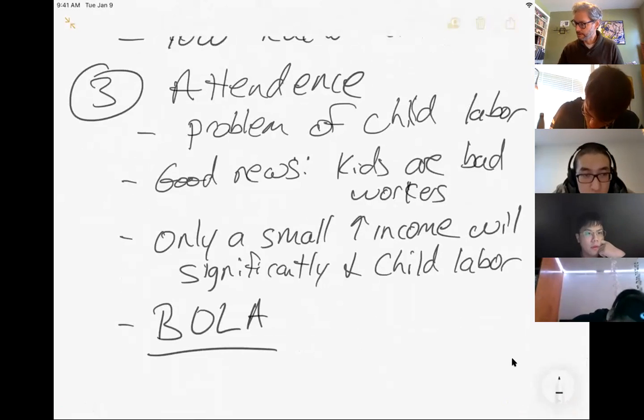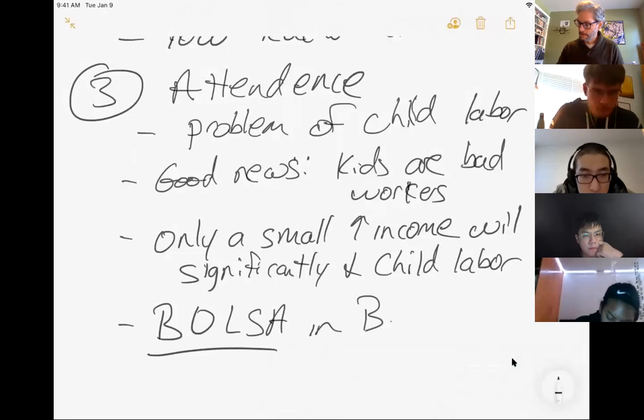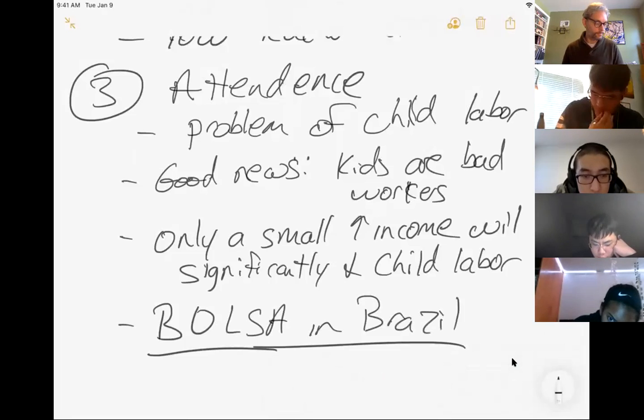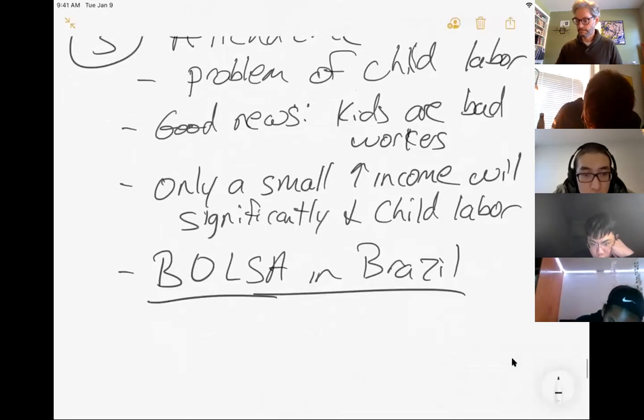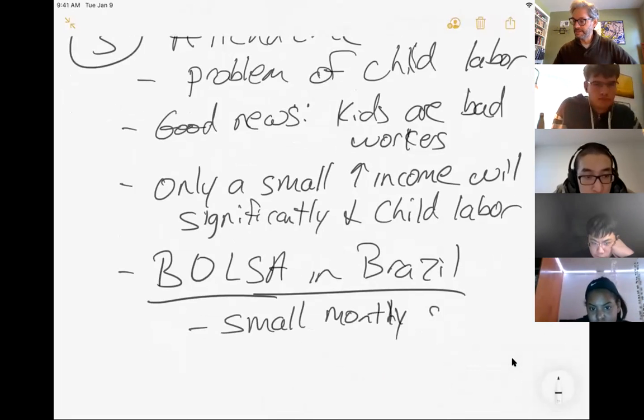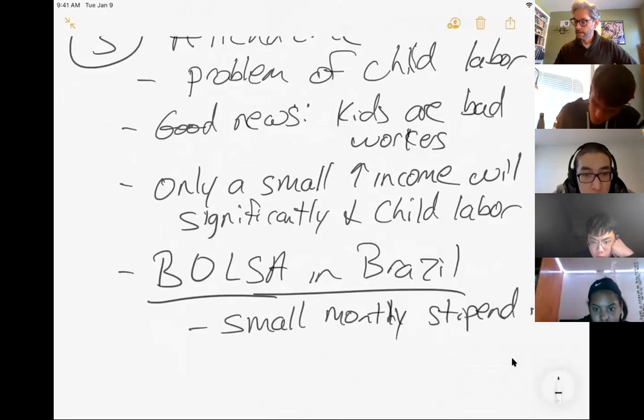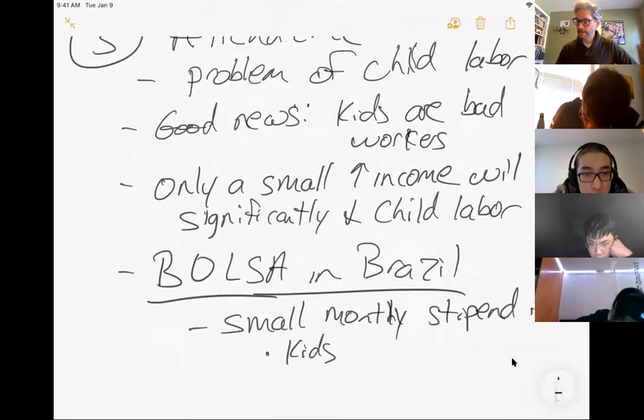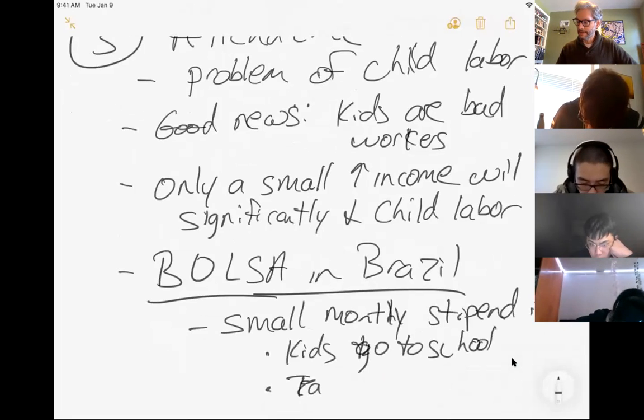I spelled this wrong. But there's the Bolsa program in Brazil. And what the Bolsa program is, is that families can get a small monthly stipend if their kids go to school and they get vaccinated.